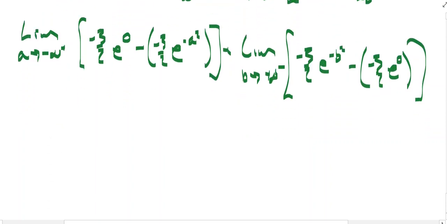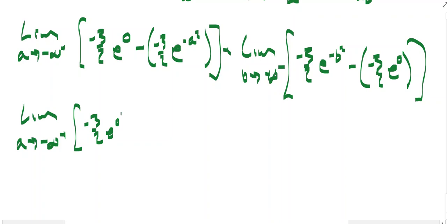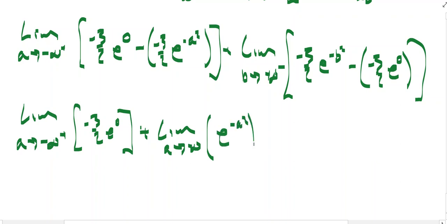Now it's time to evaluate these limits. Again, we could think of these as two separate integrals. So first we have the limit as a approaches negative infinity from the right of negative 3/2 e to the 0. And then this is minus and negative, so that's plus, the limit as a approaches negative infinity of 3/2 e to the negative a squared.